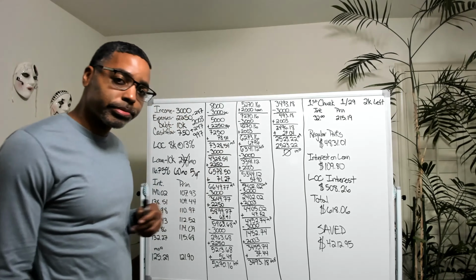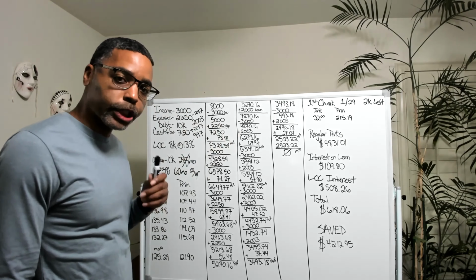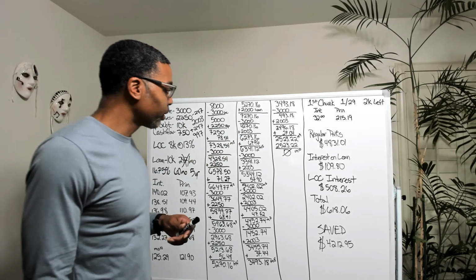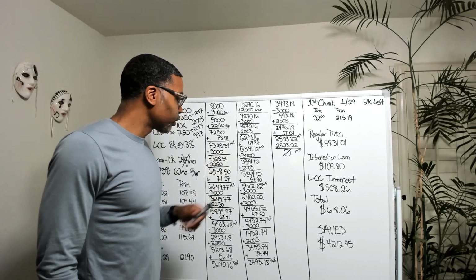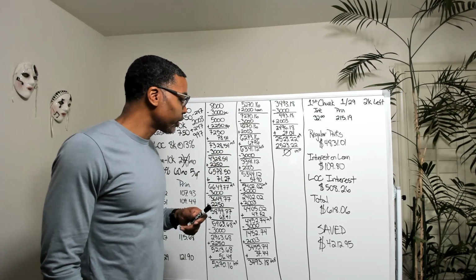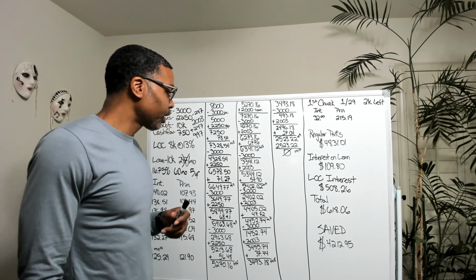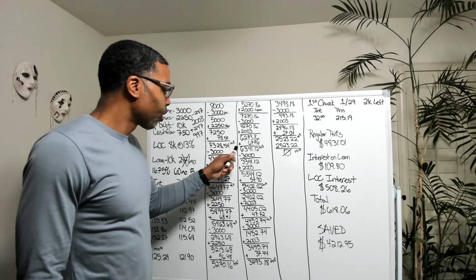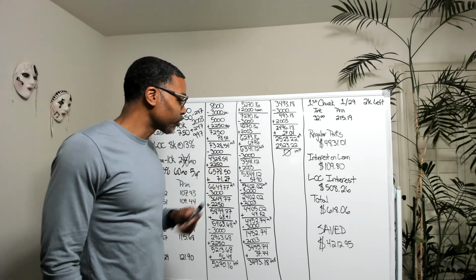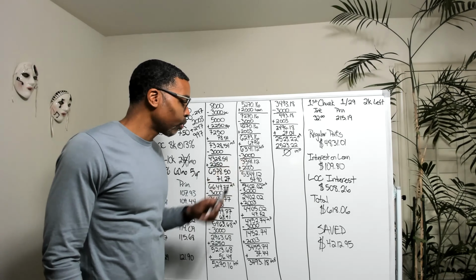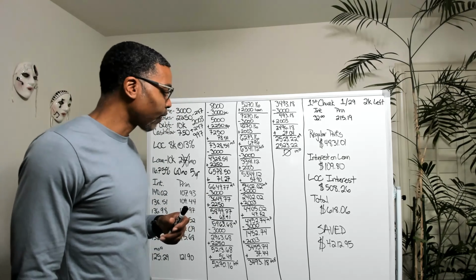Now, you see that number right there? That's our new expenses, $2,003, raising the balance up to $6,273.16. Interest, $67.96, raising the balance up to $6,341.12 at the end of month five.